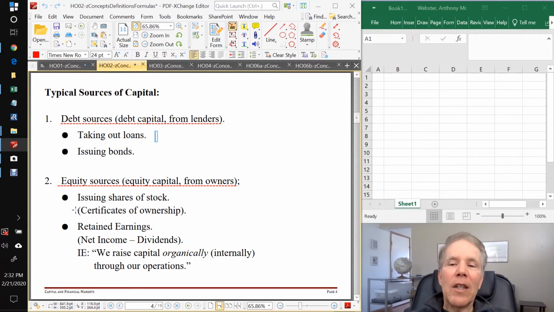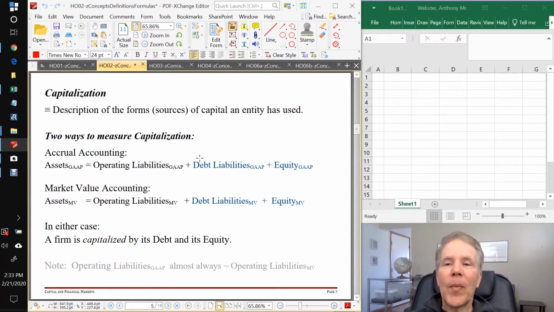And equity sources, issuing shares of stock, that's increasing the size of the ownership club of our entity. And also we consider as an entity source retained earnings, which is net income minus dividends. So that's money that the firm has generated from operations and that it has not chosen to give back to its owners as dividends. So those are all our sources of capital.